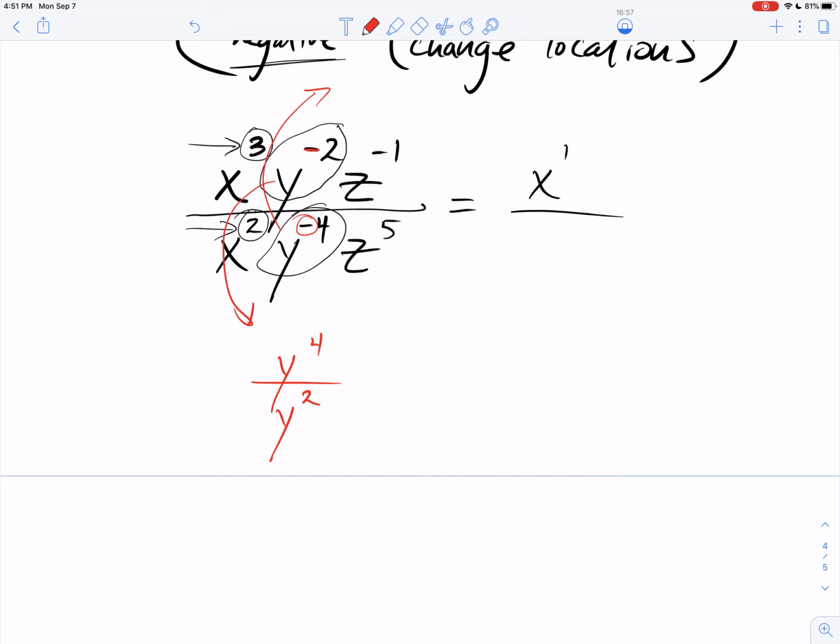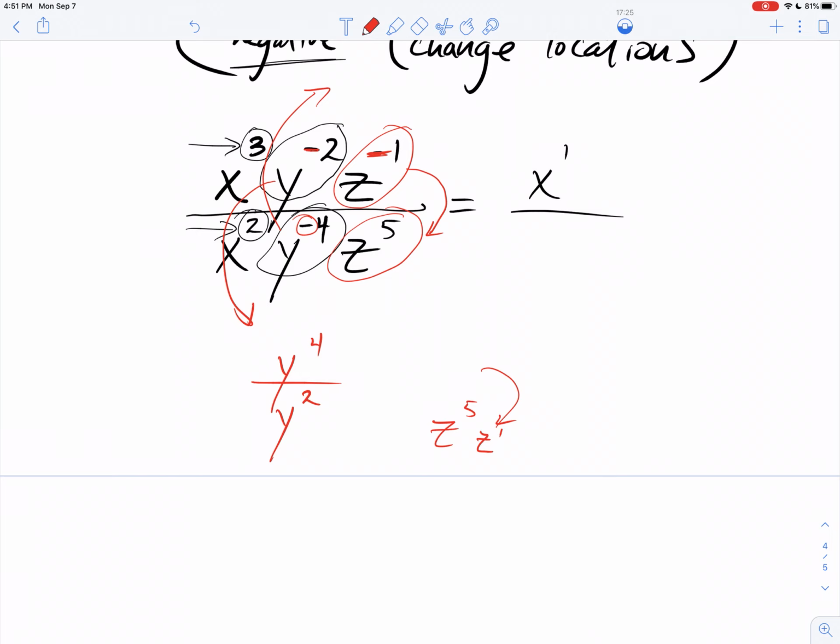So let's look at this one. Do you see that this guy has no negative on him? Z to the fifth. That means he's going to stay put. He is not going to travel. But this guy has a negative exponent, so it's going to move. When that guy comes downstairs, z to the fifth is sitting here all by himself. Here comes this guy, z to the first, because once it relocates, its negative has done its job.